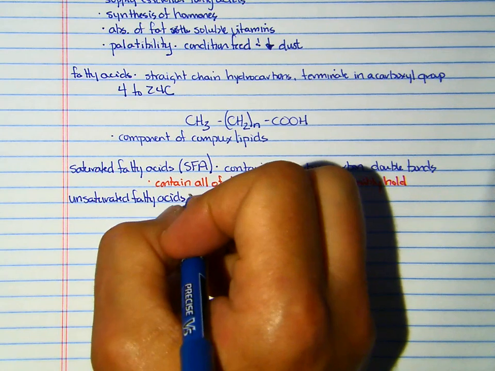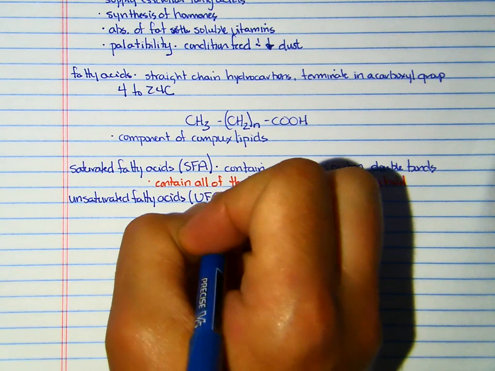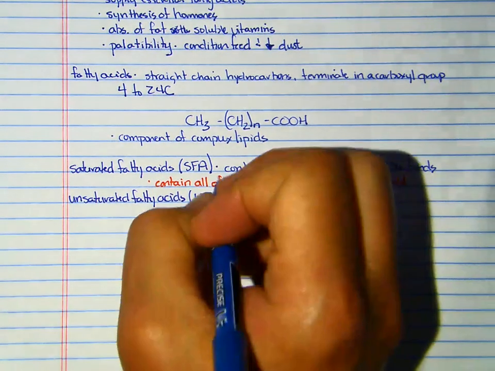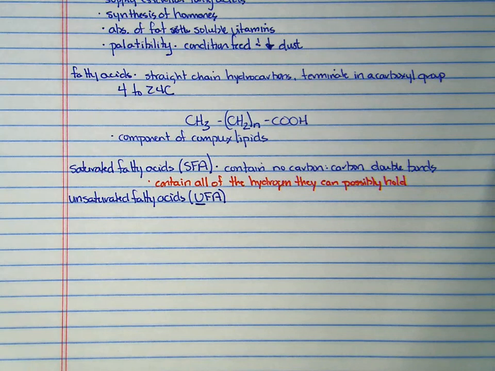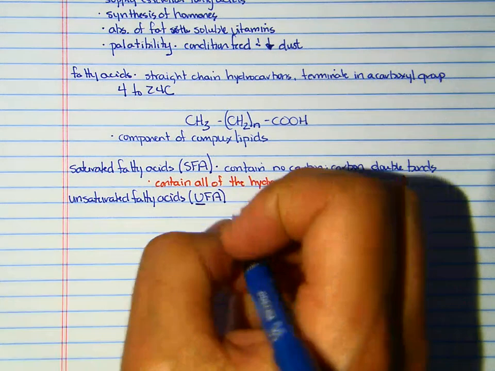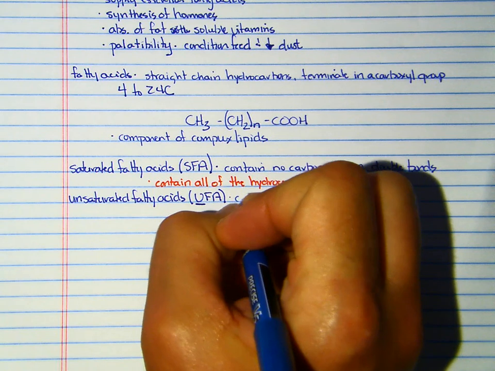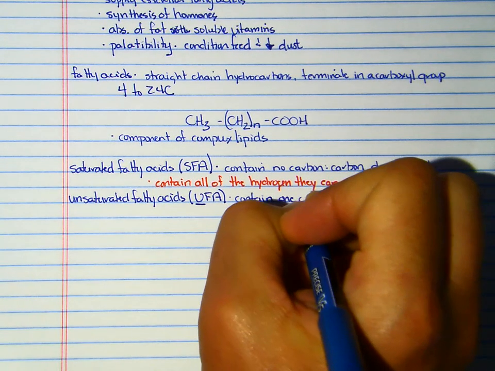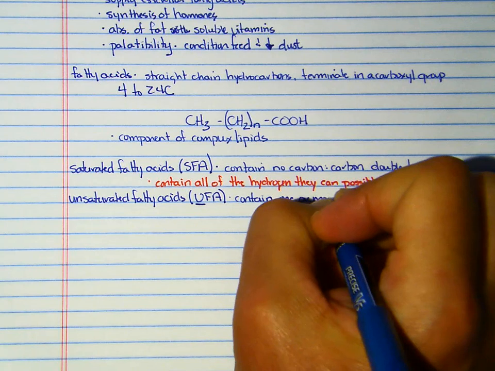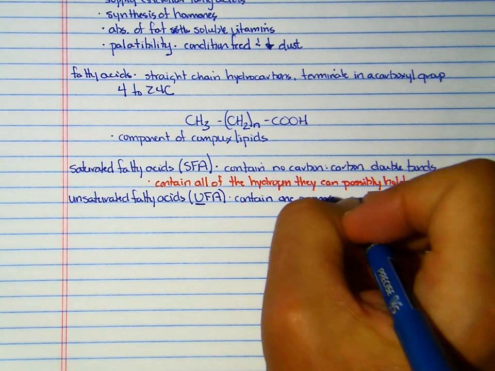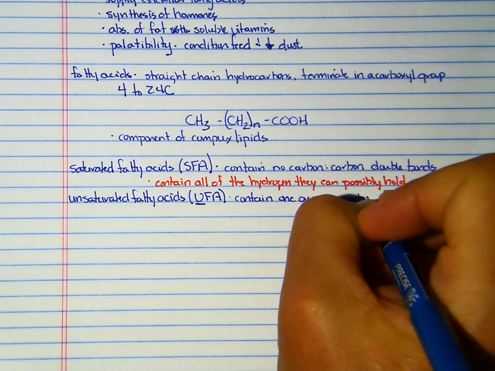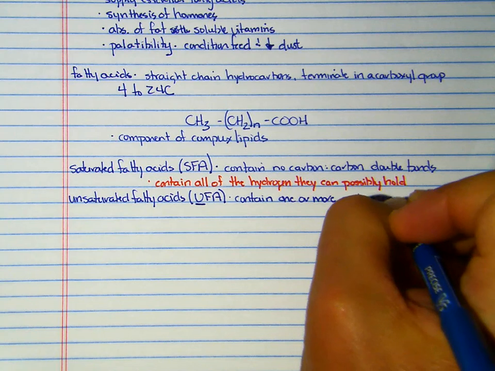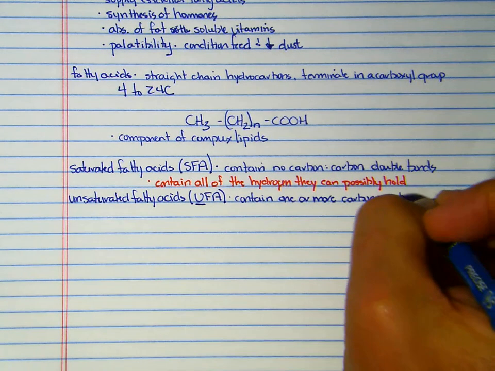And we're going to abbreviate unsaturated as UFA. We're going to underline them just to make sure we know that it's not a VFA. So unsaturated fatty acids, they contain one or more carbon to carbon double bonds.